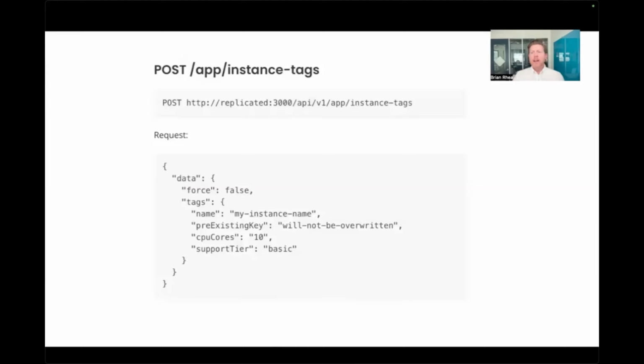Instead, all you've got to do is be sure that you have the replicated SDK installed alongside your application, and then just hit a simple little endpoint and provide these tags.